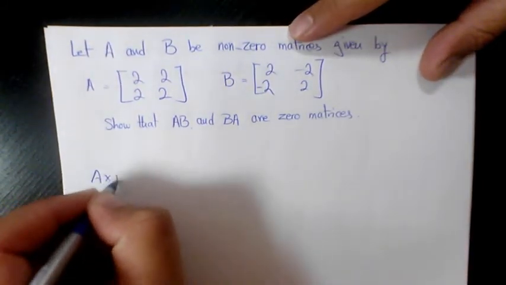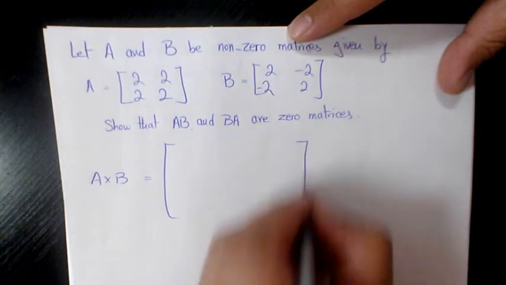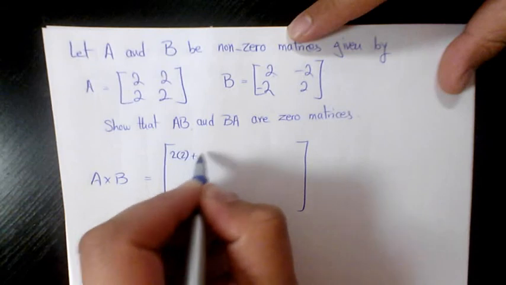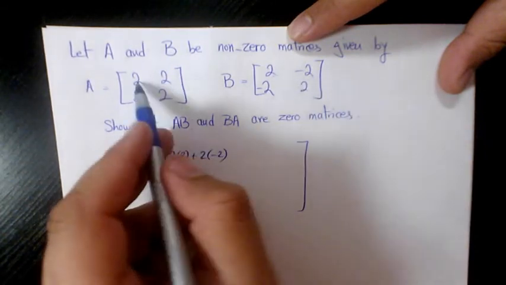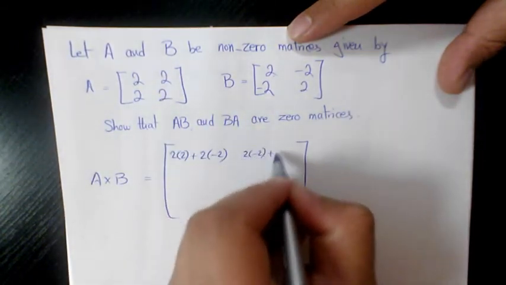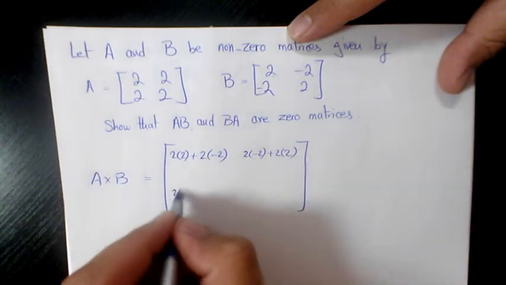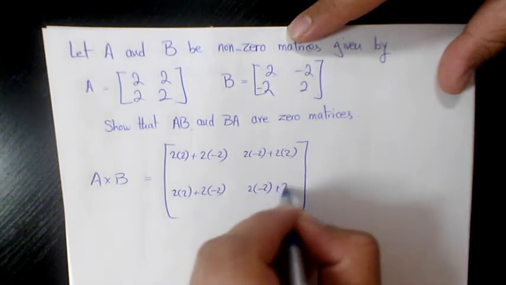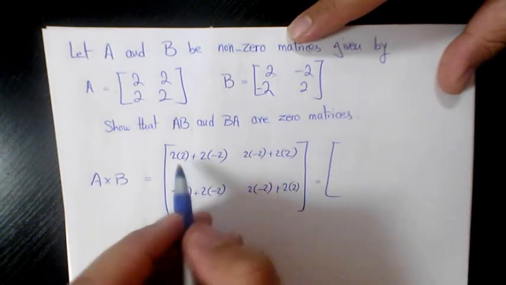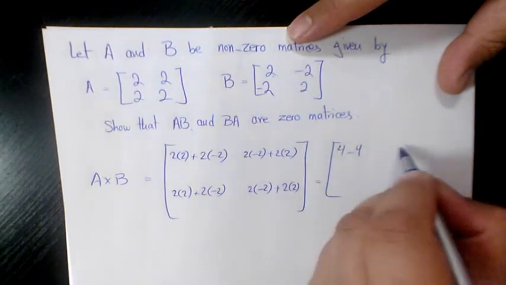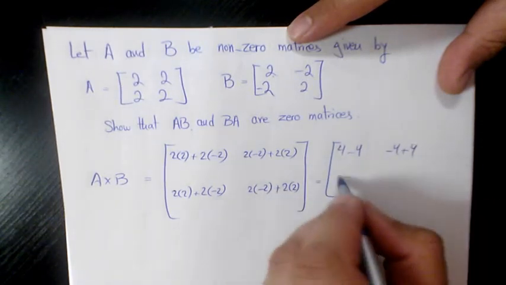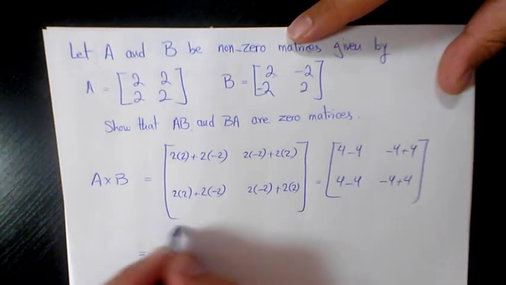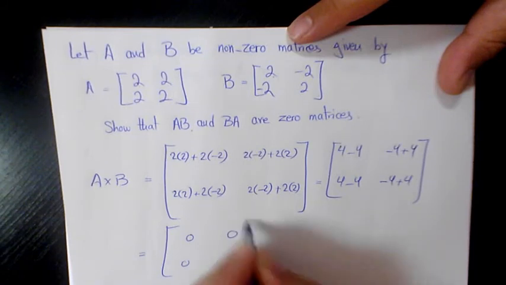So A times B is going to be 2 times 2 plus 2 times negative 2, 2 times negative 2 plus 2 times 2, 2 times 2 plus 2 times negative 2, 2 times negative 2 plus 2 times 2, which will be 4 minus 4, negative 4 plus 4, 4 minus 4, and negative 4 plus 4, which makes it 0, 0, 0, 0.